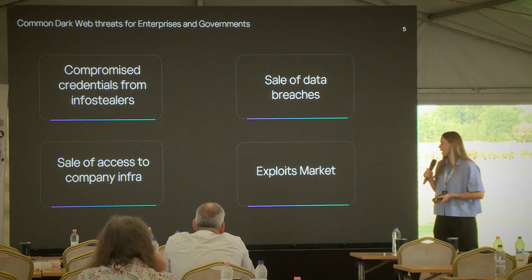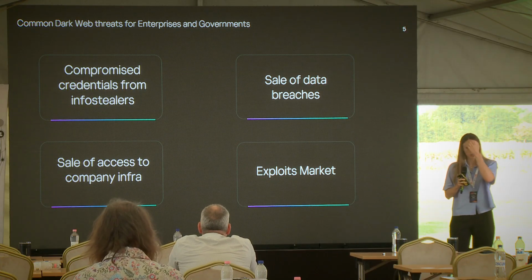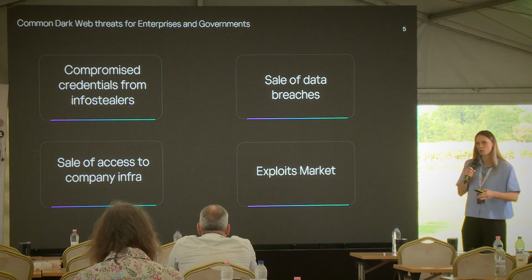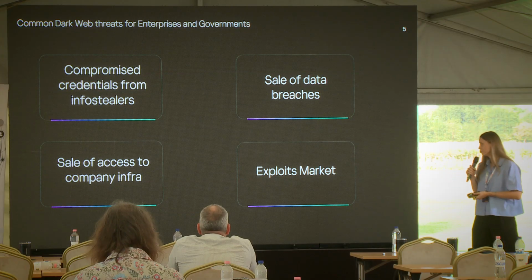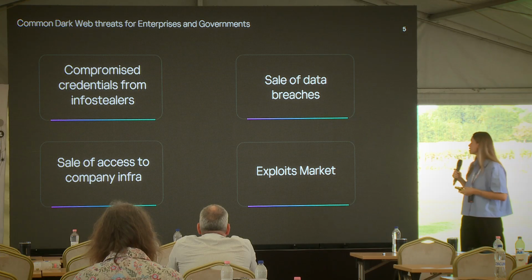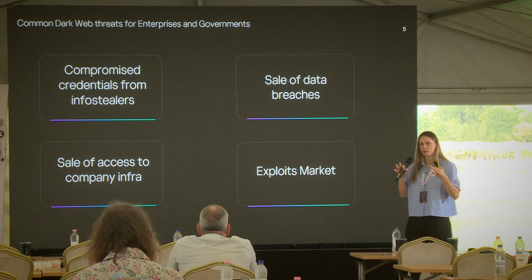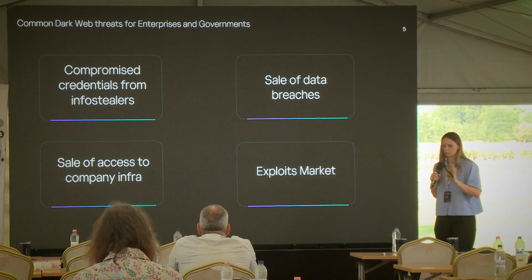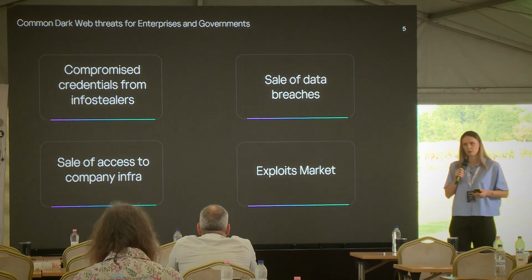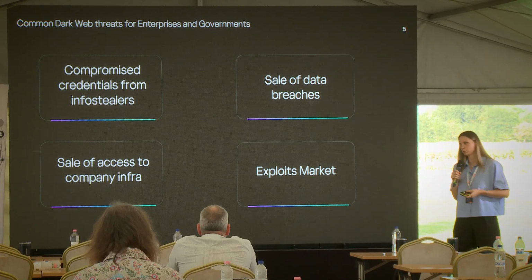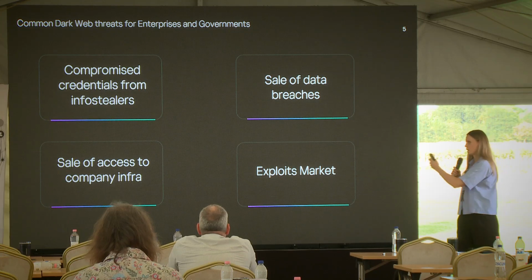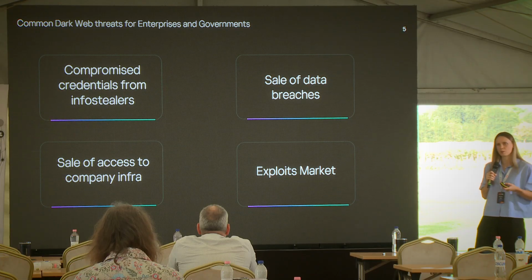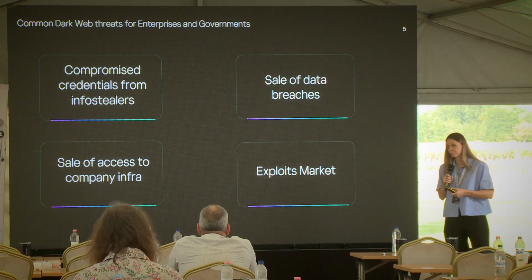They may sell access to company infrastructure: if their attack was successful, they may sell this access to another person who will use it later. The third part is the sale of data breaches, the sale of the compromised database itself. And finally, which is kind of outside, but still very interesting to control and monitor, the dark web is also a market for exploits, for instruments that cyber criminals may use for their attacks.